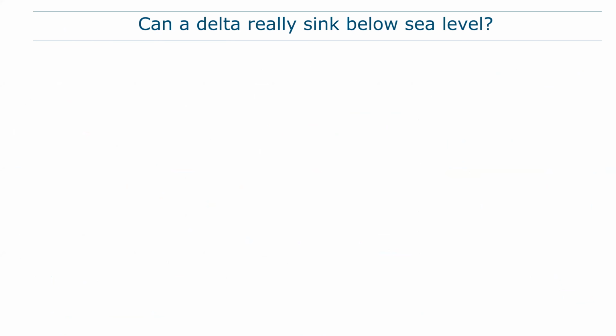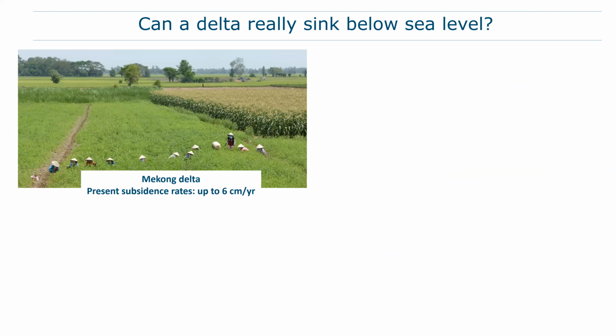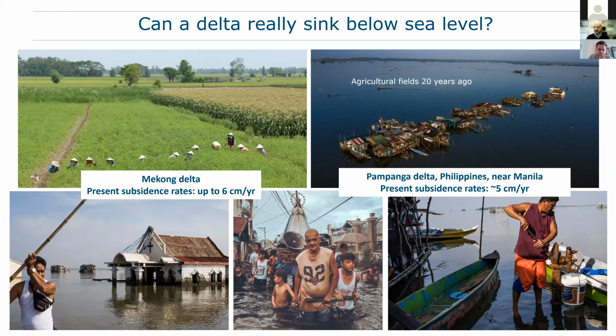So here we have this Mekong Delta, and we've seen locally the rates go presently up to 6 centimeters per year of land subsidence. Well, if we go to the other side of the sea and we go to the Philippines, this is the Pampanga Delta, close to north of Manila, and it actually has similar land subsidence rates.